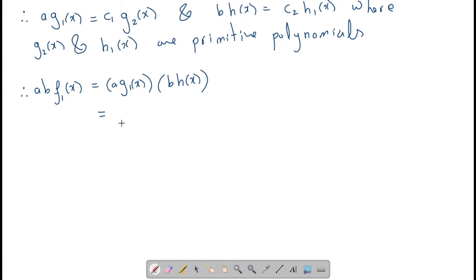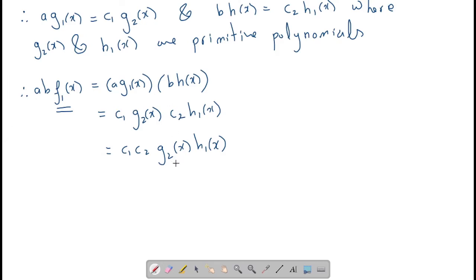But a times g1 of x is c1 times g2 of x, and b times h of x is c2 times h1 of x, which is c1 c2 g2 of x into h1 of x. Now let's look at the left hand side and the right hand side. On the left hand side, you can see that f1 of x is a primitive polynomial. Therefore the content is ab.